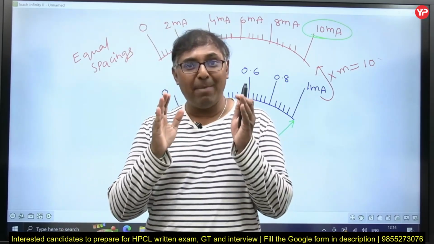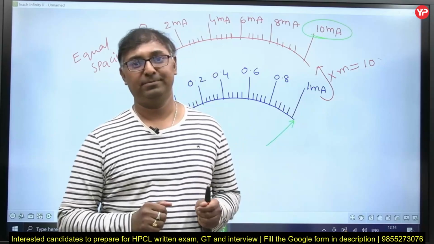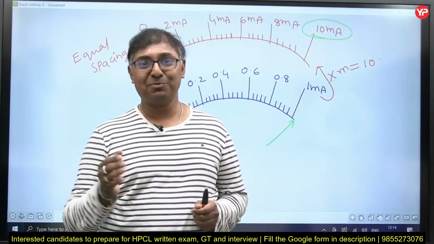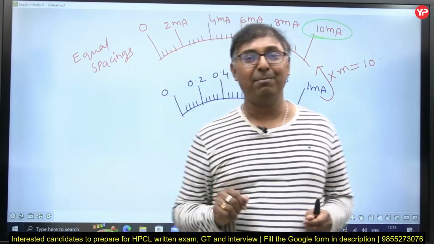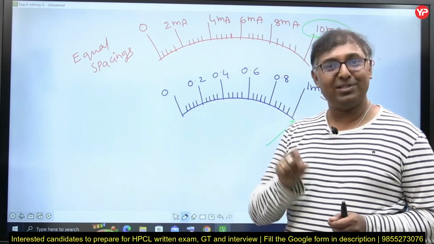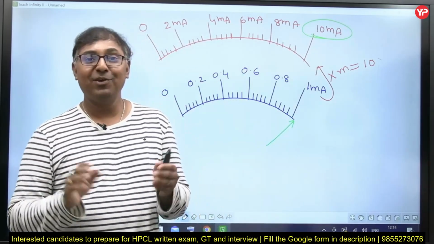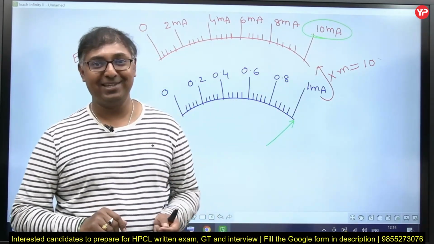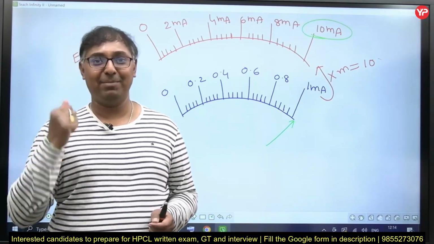Usually the manufacturer will have the basic PMMC instrument in his godown. The customer will come and ask, I want a 10 milliamperes meter, I want a 100 milliamperes meter, like that. Once the customer asks for the required range, the manufacturer will open his measurements notes and see the formula for Rsh: Rsh equals Rm by M minus 1.